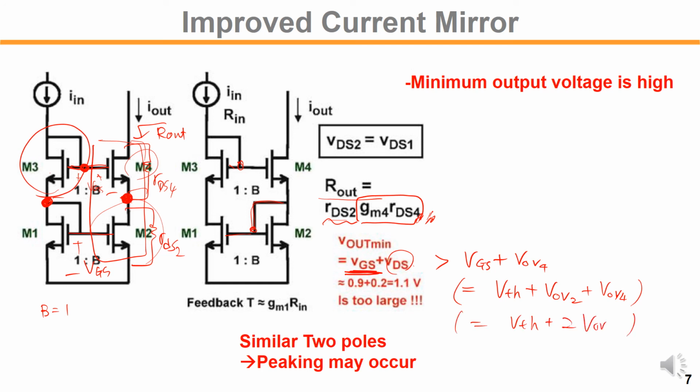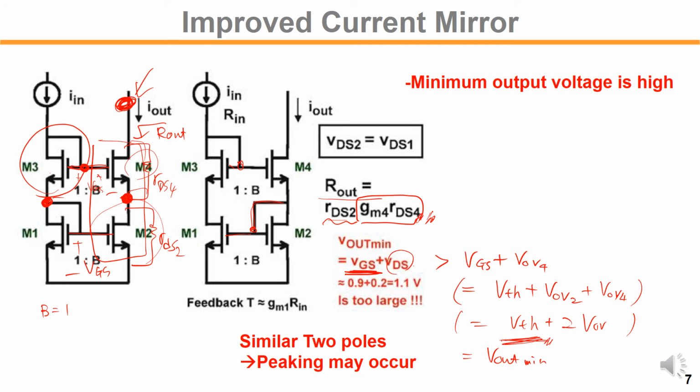So in this equation, you have a very large voltage drop, the VTH factor there, meaning the minimum V out, the minimum voltage they can have on the output here, is quite high because of the VTH.